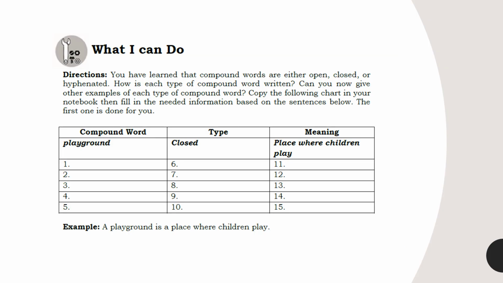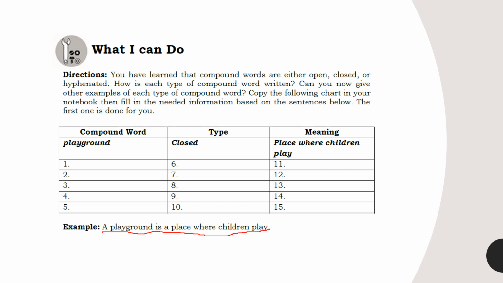Next, for this part, you will copy the following chart in your notebook and then fill in the needed information based on the sentences below. The first one is done for you. So what I will do is to just explain to you the example given. The example is, "A playground is a place where children play."